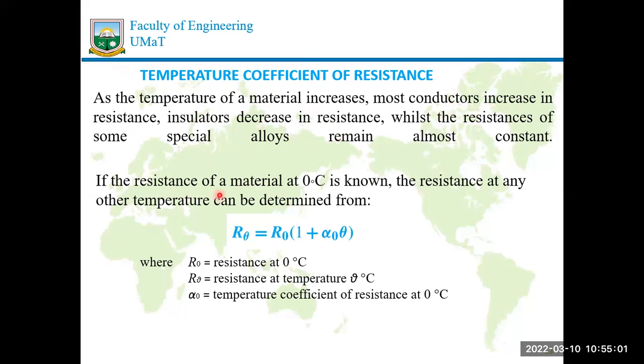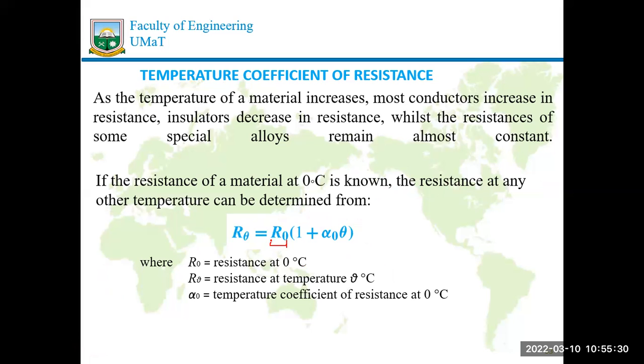If the resistance of a material at 0 degrees Celsius is known, the resistance at any other temperature can be determined with the formula we have stated here. So from the formula, we have a resistance R0.